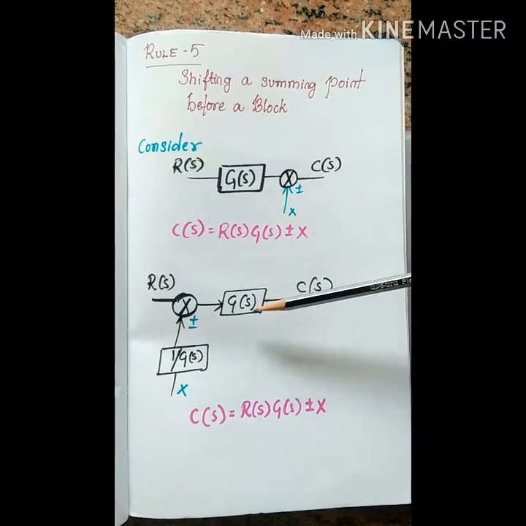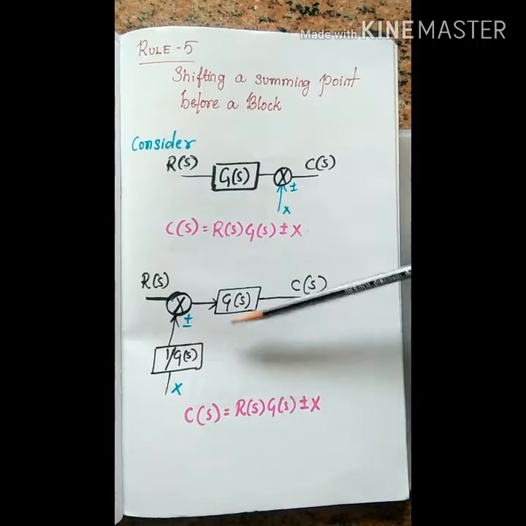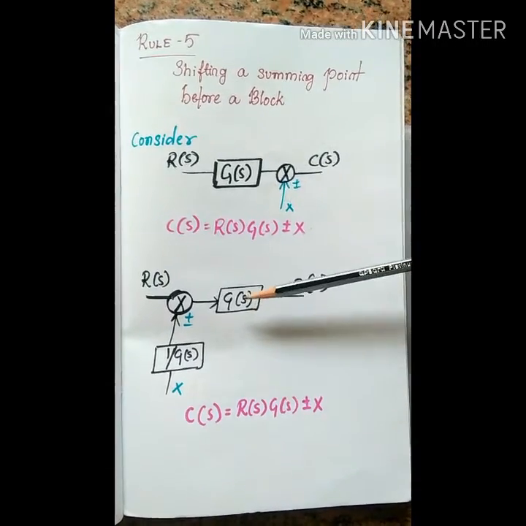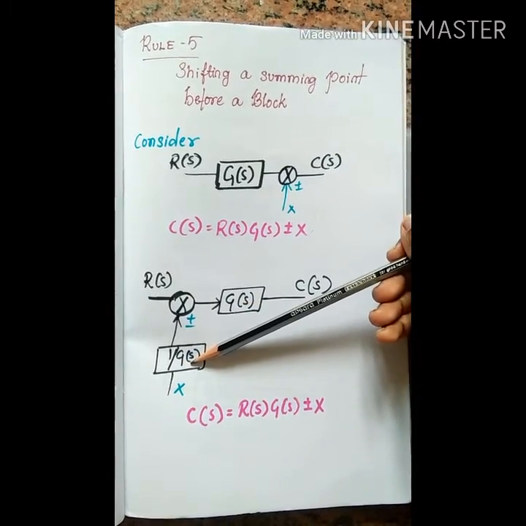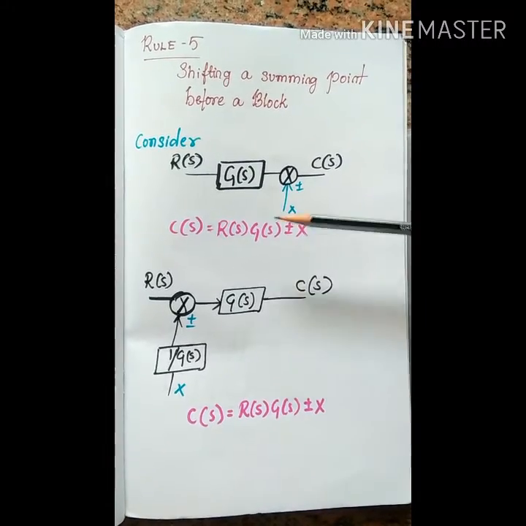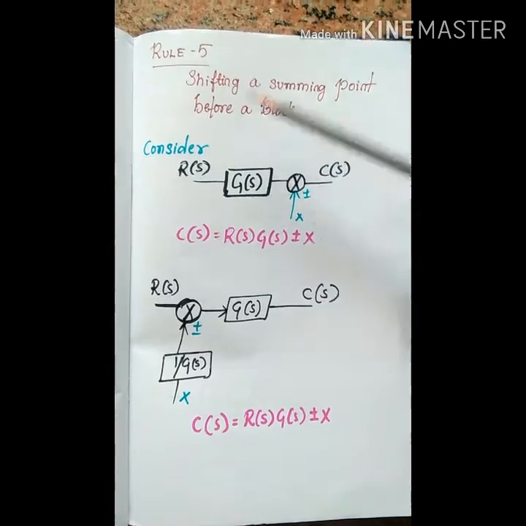The G of s is the gain here. So whatever gain value you get while solving this block diagram reduction, the same gain value needs to be divided here. Then the C of s remains the same for this block diagram and this block diagram, and thus the rule is valid.